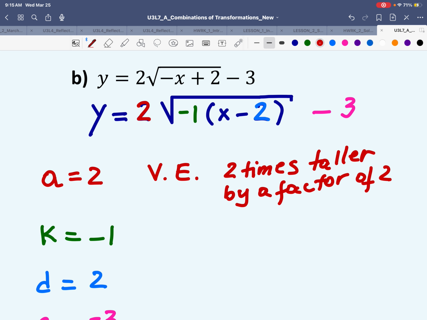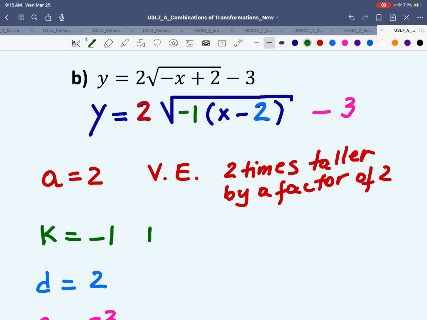And k of negative 1 doesn't cause any stretches in the horizontal direction, but it does cause a change in the x values, because it directly affects x. Whatever x is changes to its opposite because of this negative. And remember how x goes from positive to negative, from one side of the y-axis to the other.